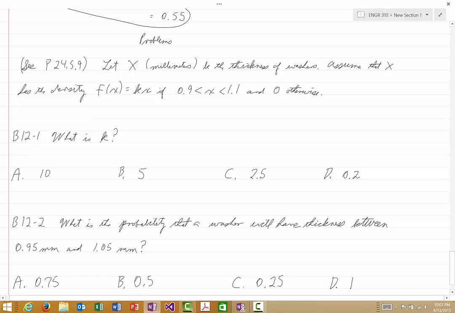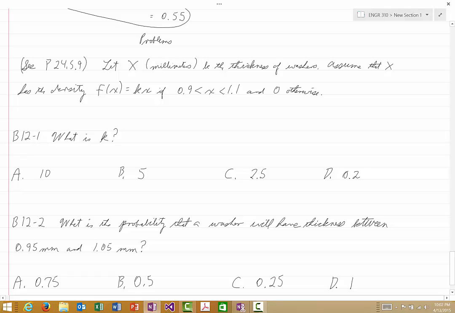Both of the problems here are very closely related to problem 24.5.9 in your textbook, and it says the following: let x, which is measured in millimeters, be the thickness of washers. Assume that x has the density f of x equals kx if 0.9 is less than x is less than 1.1 and 0 otherwise.